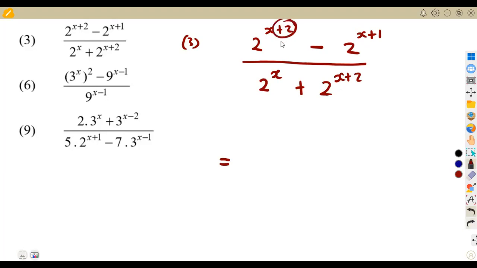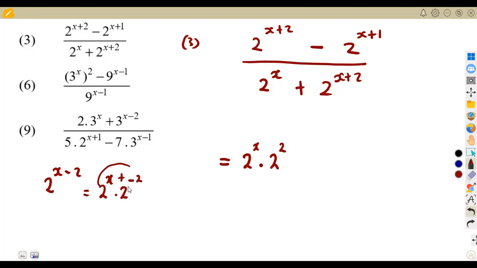Remember what I said: if you are adding or subtracting in the exponent, just multiply the 2s. 2 to the exponent of x multiplied by 2 to the exponent of 2. If it was 2 to the exponent of x minus 2, you do the same: 2 to the exponent of x multiplied by 2 to the exponent of minus 2.